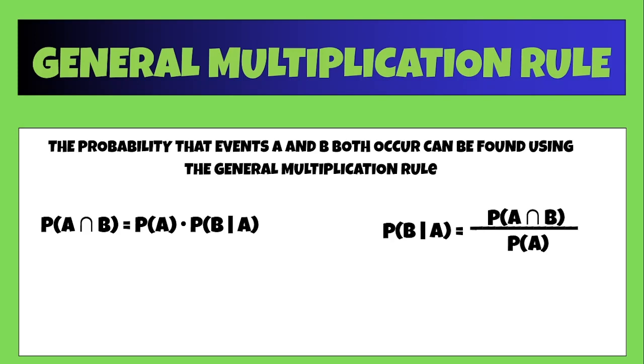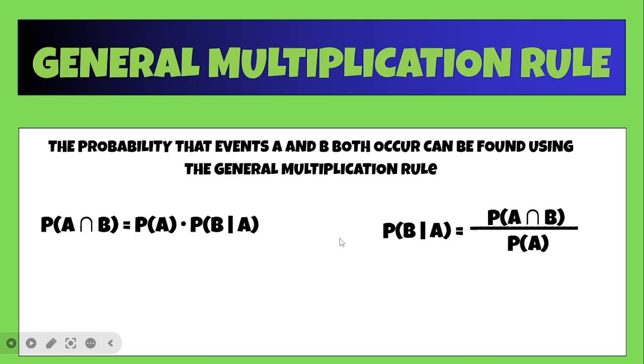The probability of B given A is equal to the probability of A and B divided by the probability of A. You can see that these two formulas are related since, just by using algebra, dividing or multiplying by the probability of A will get you the other formula.